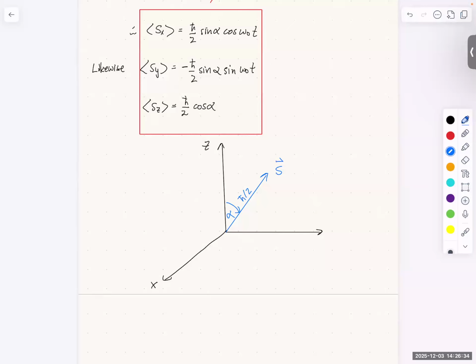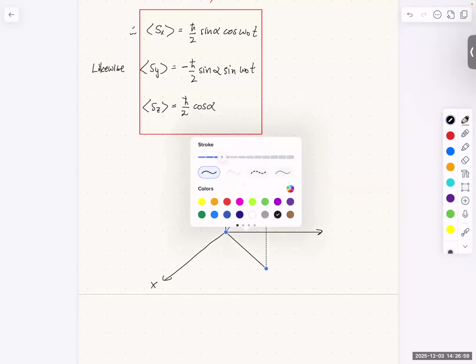Okay, so the first thing we could imagine doing is projecting down into the xy plane. And so if I do that, there's our projection down into the XY plane, and I will draw this vector in the XY plane.